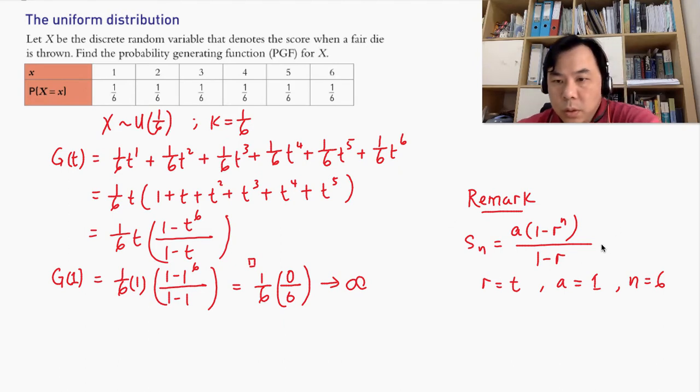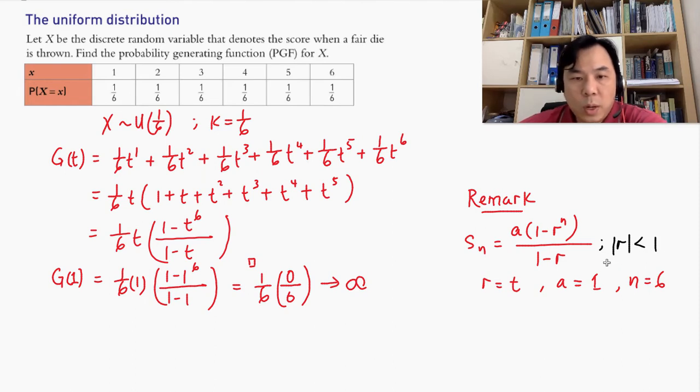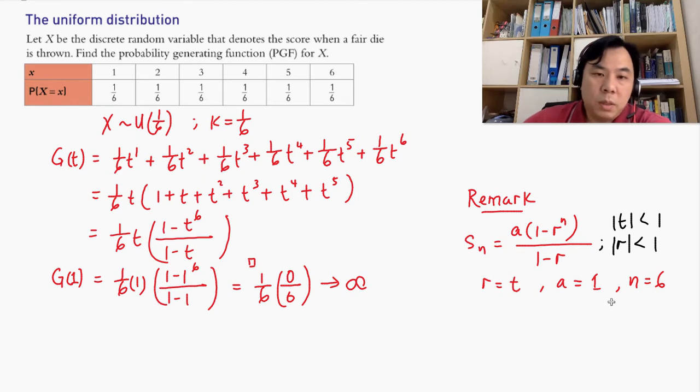If you recall, the restriction states that the magnitude of the common ratio must be less than 1 here. So that's the reason why in this case we can't actually substitute 1 directly. By the way, our common ratio is t, so the restriction states that the magnitude of t must be less than 1. Therefore, in order to fix this, we're going to come back to the drawing board here.